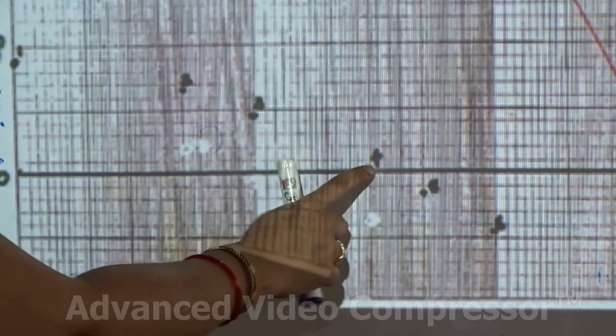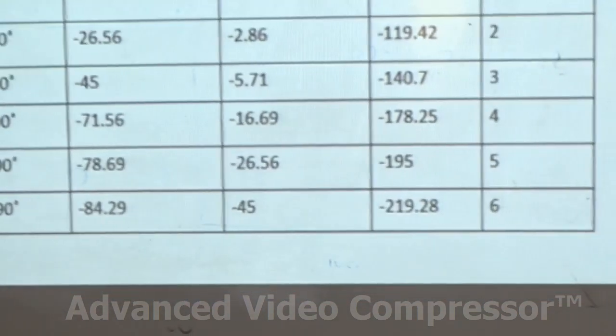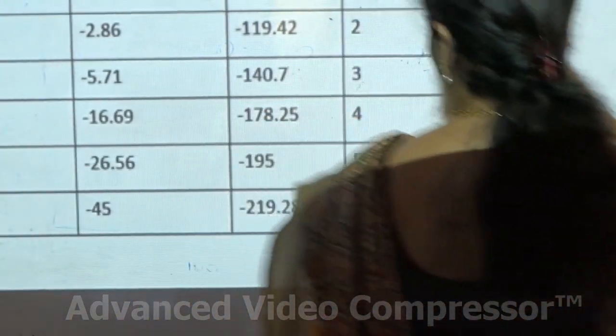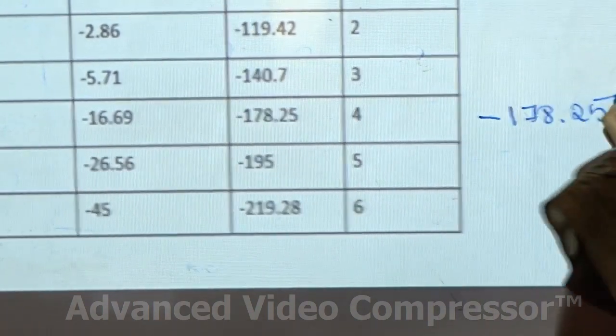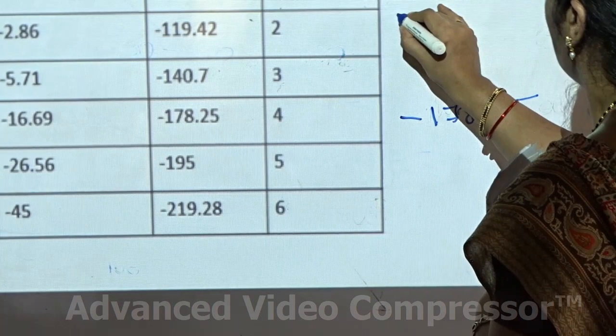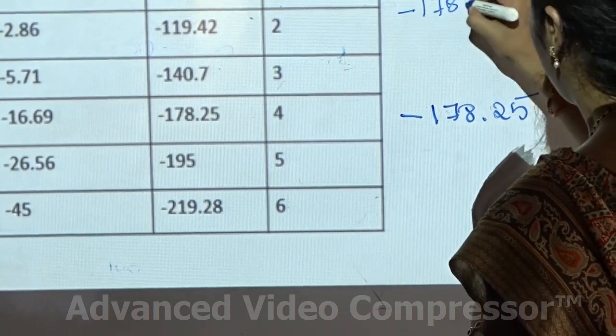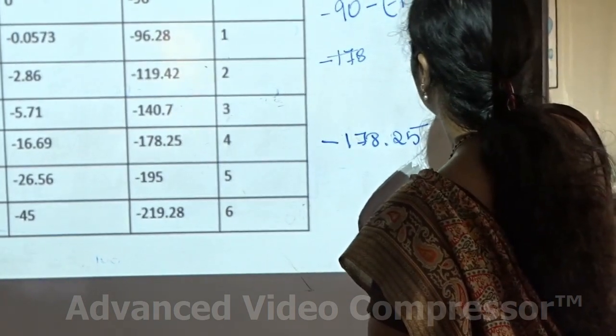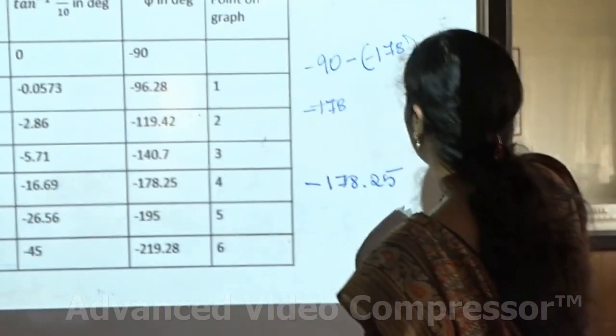Suppose, for example, you consider point 4. What is the angle you get? Point 4 is minus 178.25. To mark this point in the graph, take minus 178, or you can take minus 90, minus of minus 178, roughly around that.